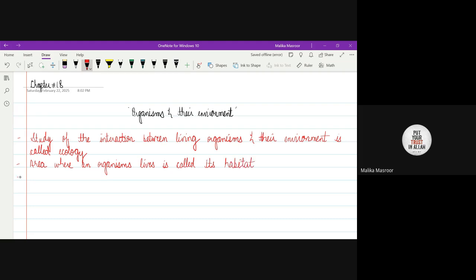A population is a group of organisms of the same species living in the same area at the same time.